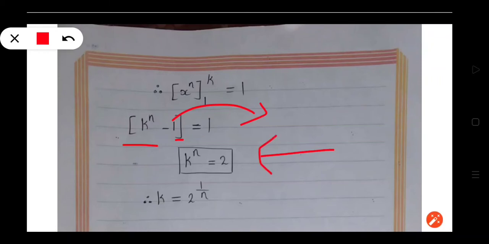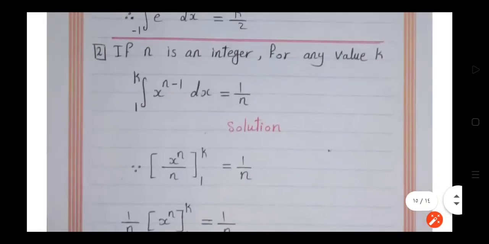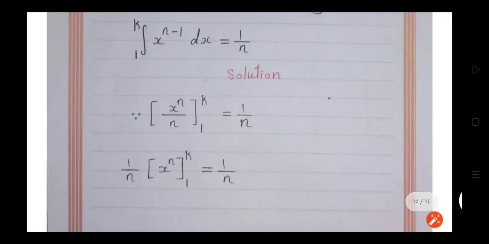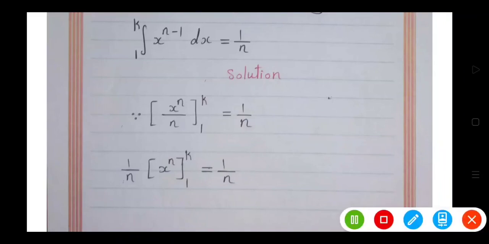We can find k, that's equal 2 power 1 over n. That's the value of k, which satisfies that the definite integral from 1 to k for the function x power n minus 1 dx equals 1 over n. That's all for definite integral. Good luck.